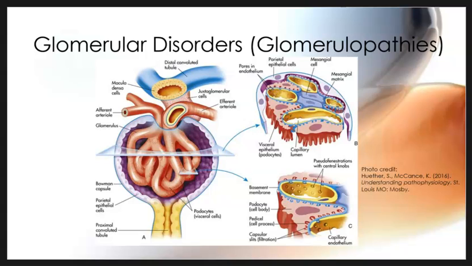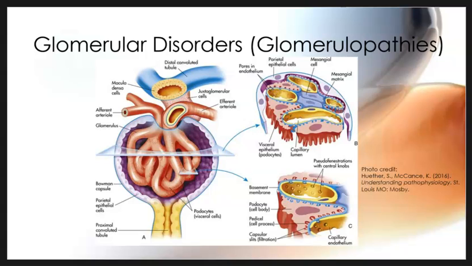Glomerular disorders, also known as glomerulopathies, result from alterations in the structure and function of the glomerular capillary circulation. There are 3 layers of the membranes of glomerular capillaries: the endothelium, the basement membrane, and a layer of specialized epithelial cells with foot-like projections called podocytes that encircle the basement membrane.